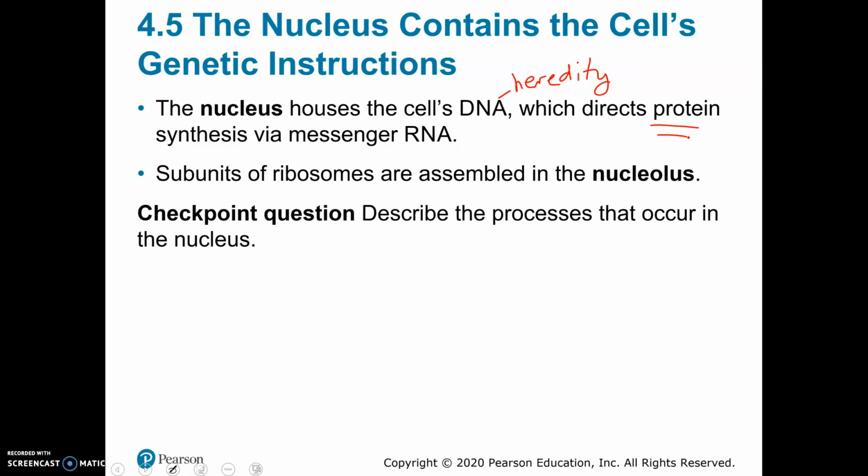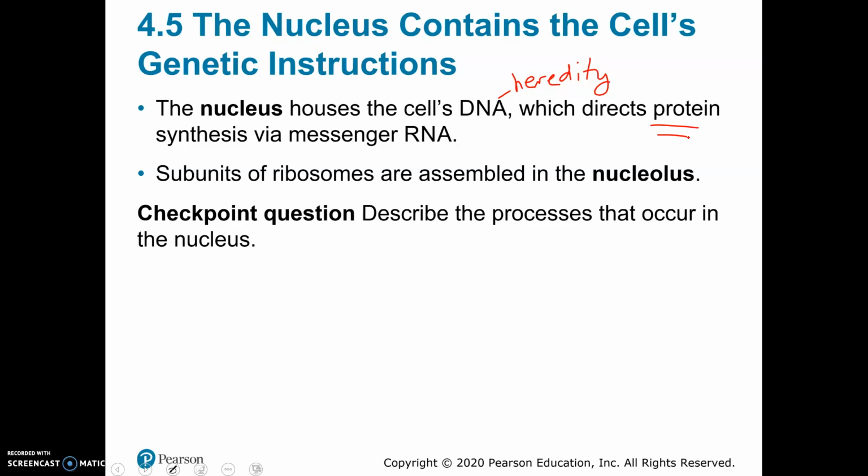And since most of the important parts of your cell are protein, enzymes, hormones, a lot of the structures that cells produce, surface markers on the cell membrane, receptors to pick up information, all of that stuff is proteins. So that's why the nucleus is sort of the control center.